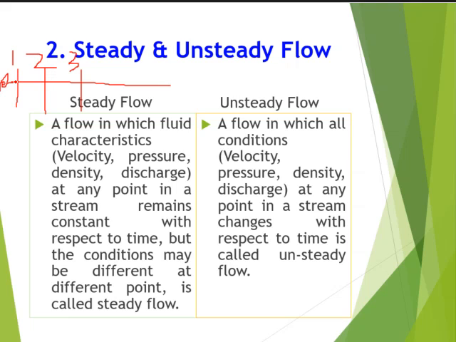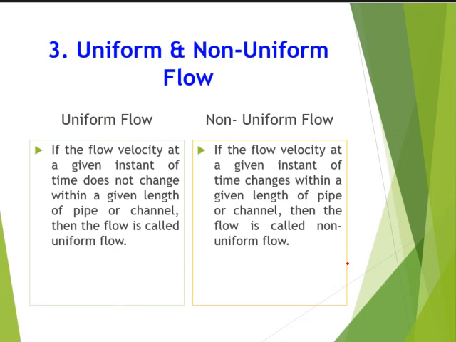For example, at point 1, if the valve is being closed gradually, then the velocity will change with respect to time at this particular point. Then this is an example of unsteady flow.